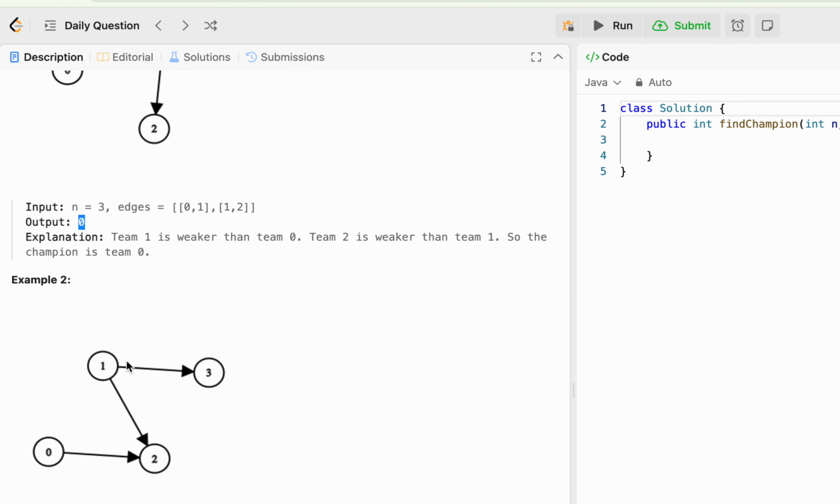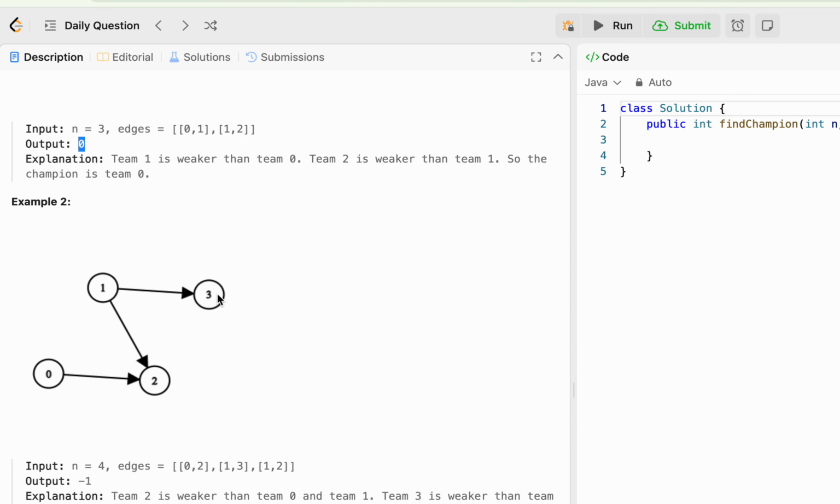And in this example, 1 is stronger than 3, 1 is stronger than 2, but because of the lack of a directed edge from 0 to 1, we are not able to conclusively say that 1 is stronger than 0 as well. But we can conclusively say that 0 is stronger than 2.